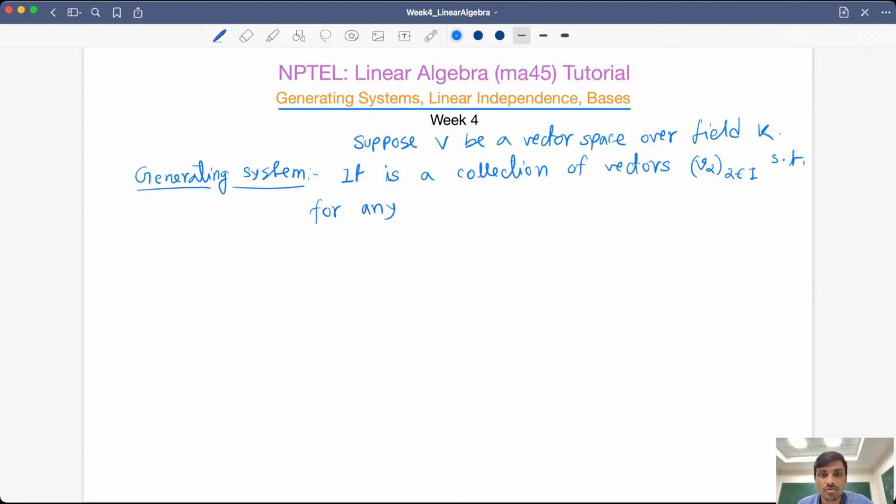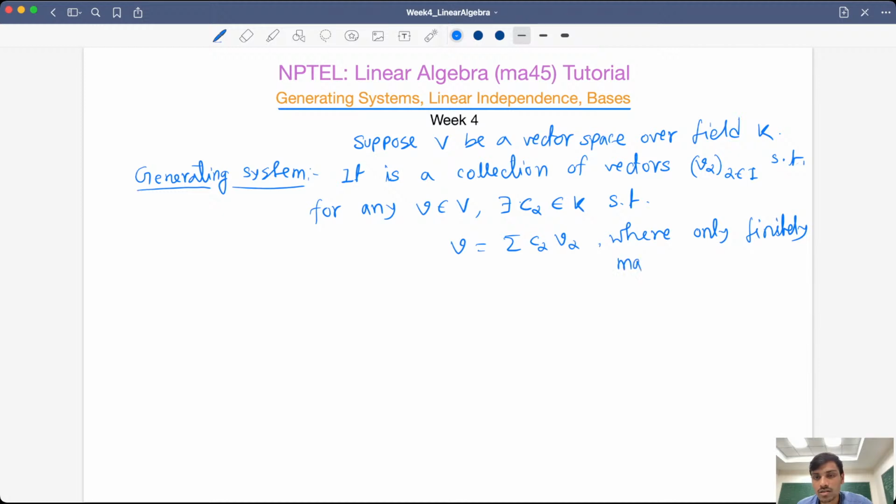For any V belonging to capital V, there exist C alpha belonging to the field K such that V equals the sum over C alpha V alpha, where only finitely many C alphas are non-zero.